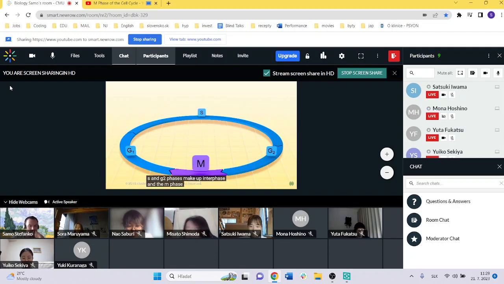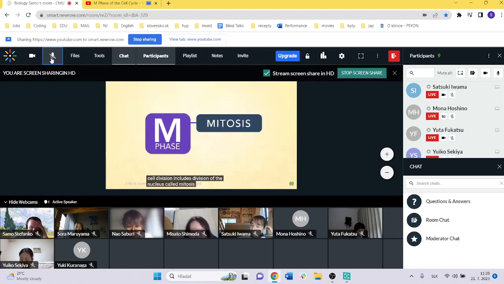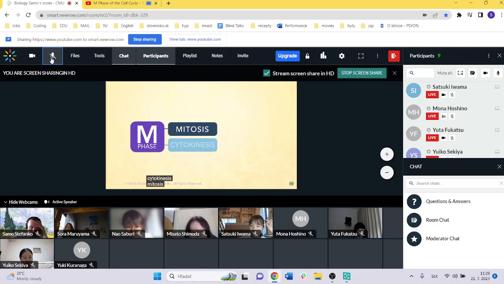And the M phase represents cell division. Cell division includes division of the nucleus, called mitosis, and division of the cytoplasm, called cytokinesis. Mitosis is further broken down into 4 phases: prophase, metaphase, anaphase, and telophase.